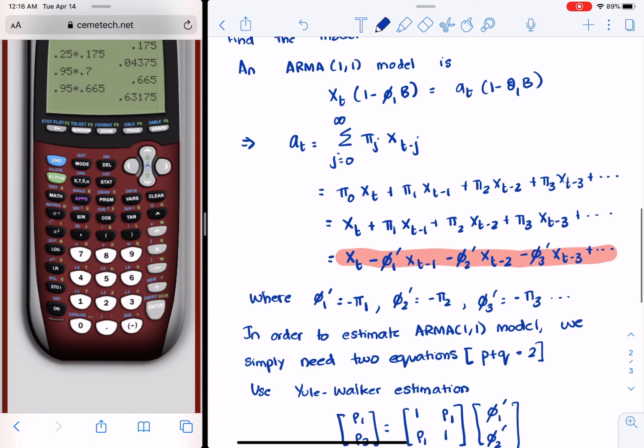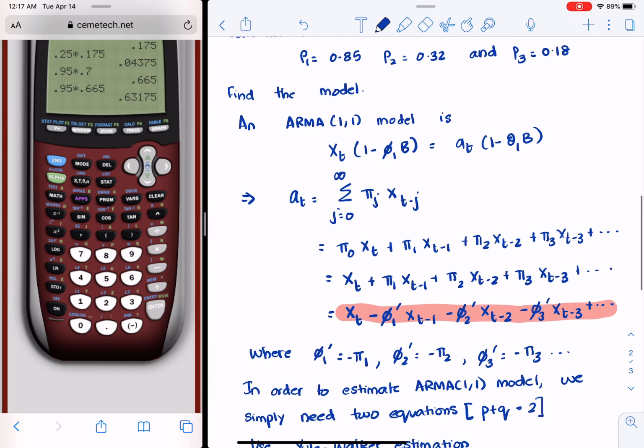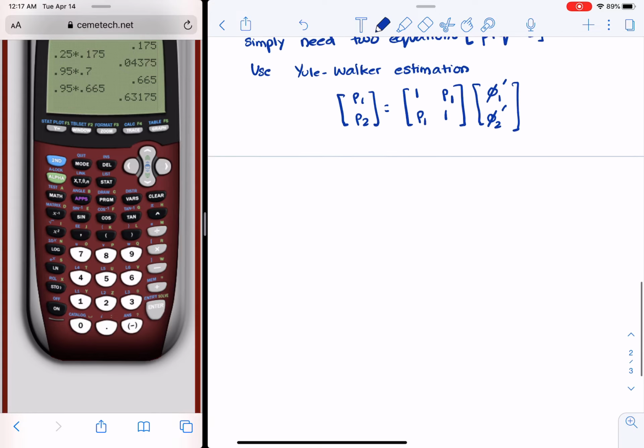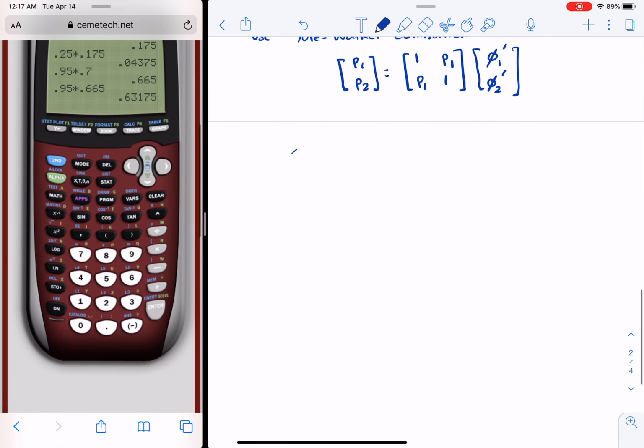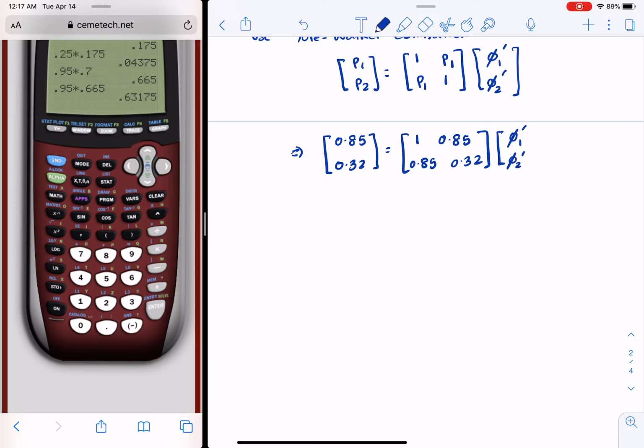Rho 1 is given in the problem, which is 0.85. Rho 2 is 0.32. And our goal is to estimate the value of phi1 prime and phi2 prime.